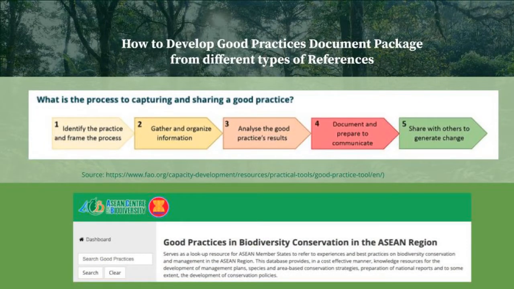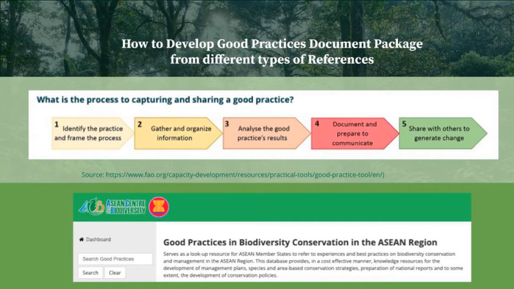Using this information from FAO and based on the references that are already added in the Good Practices database, I've come up with a template that we can use to collect information from different sources and focus our data on good practices in biodiversity conservation.